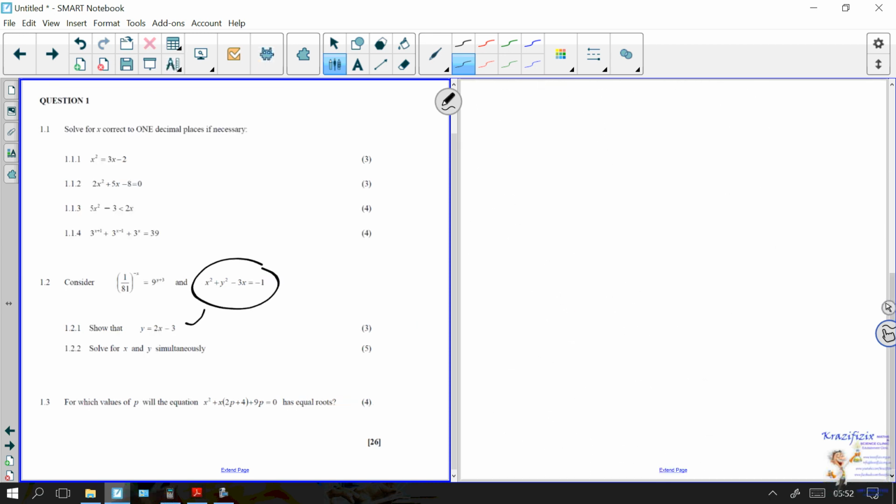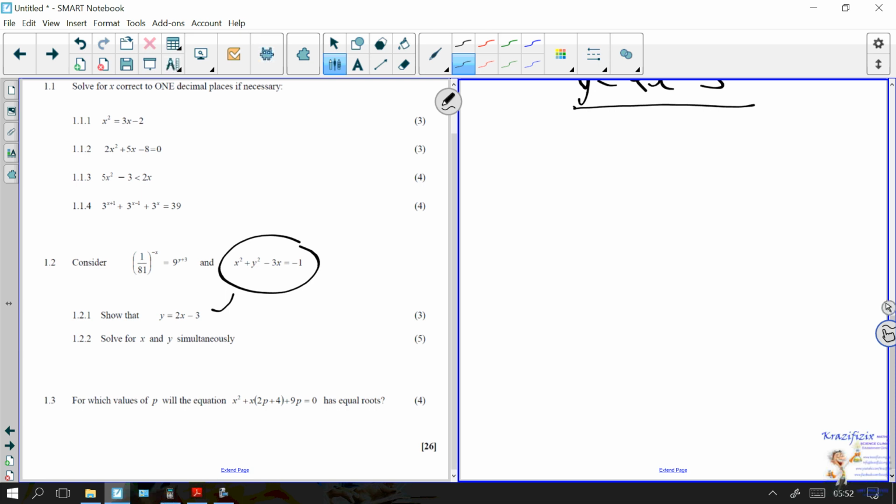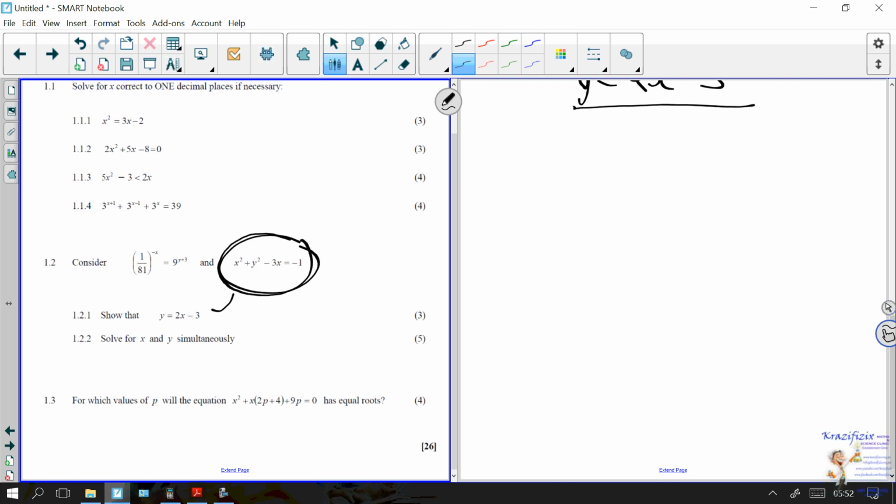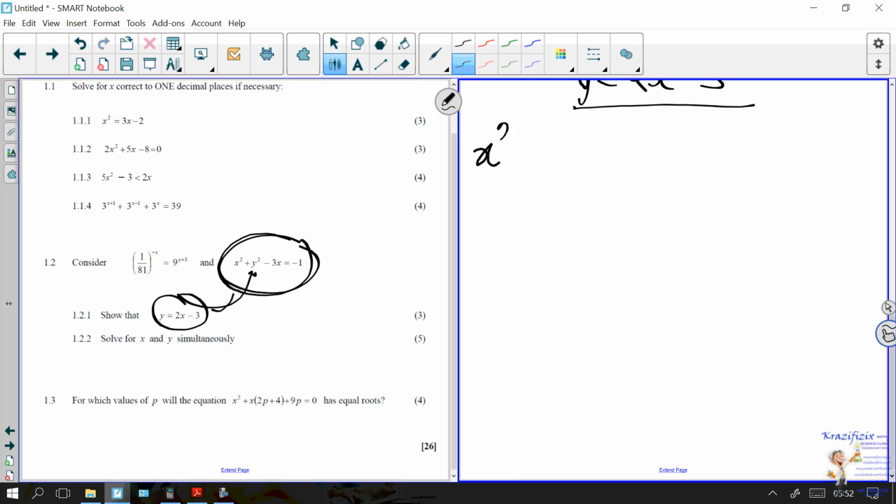Now solve simultaneously. What this means is anywhere you see y in this equation, you put in the value of 2x minus 3. So what do I have? I've got x squared plus y squared minus 3x equals negative 1. So x squared plus, what is my y now?